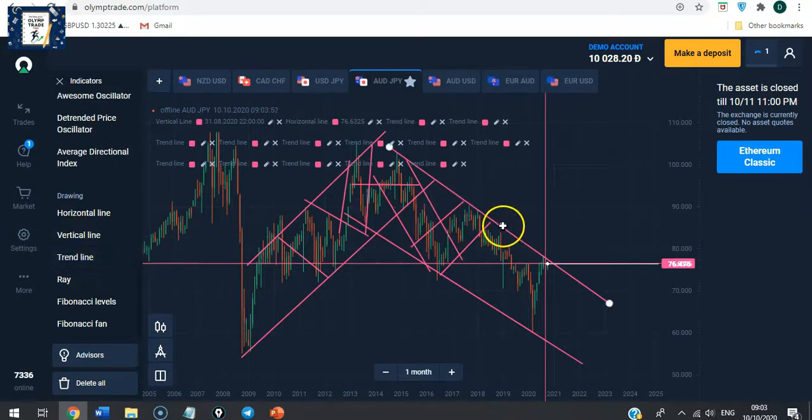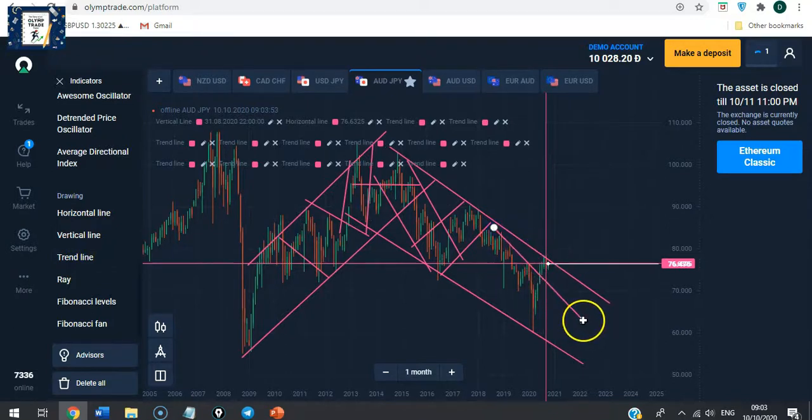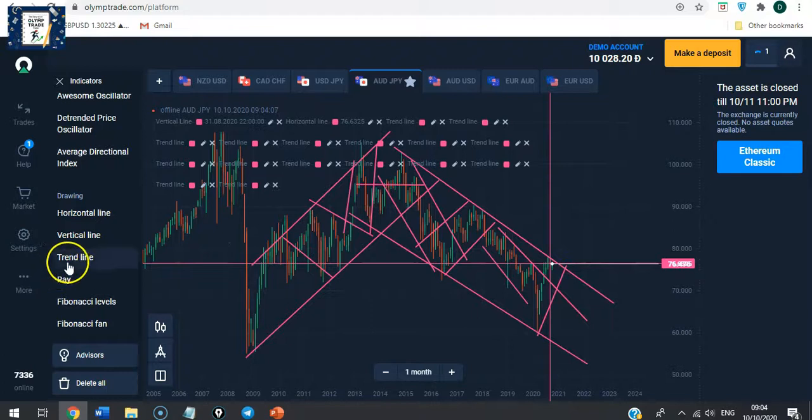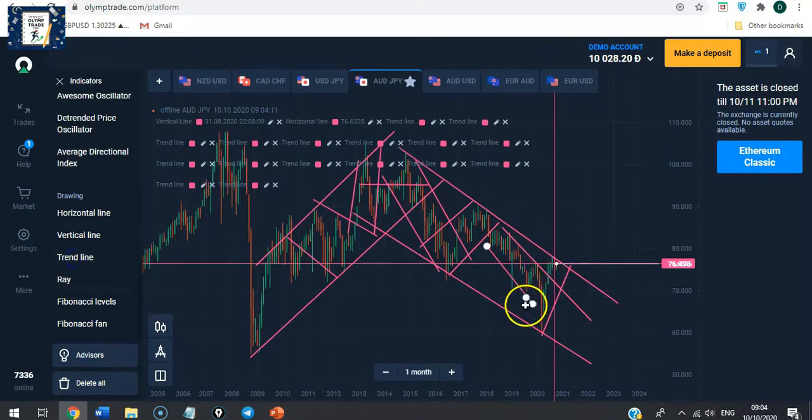Once again, the impulse move. And now the market is in a very sharp correction on the higher time frame.